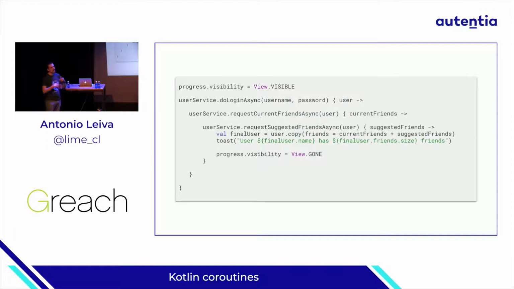This adds a second problem, that is that as we are waiting for this first request to finish to do the second one, we're wasting here some precious time because we could do those tasks in parallel, and we are doing them sequentially.